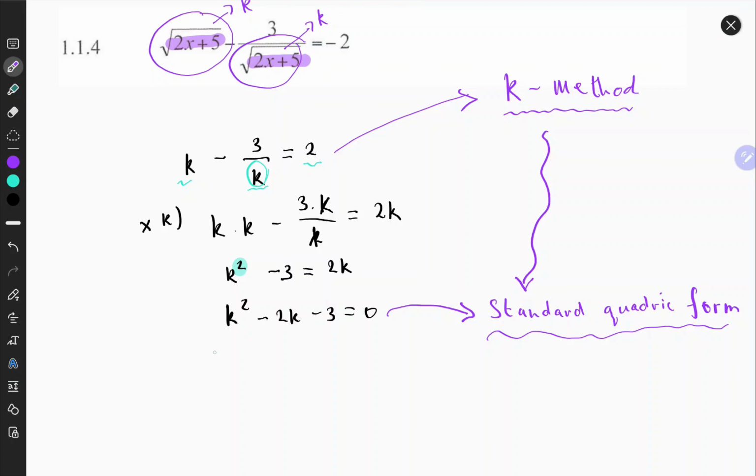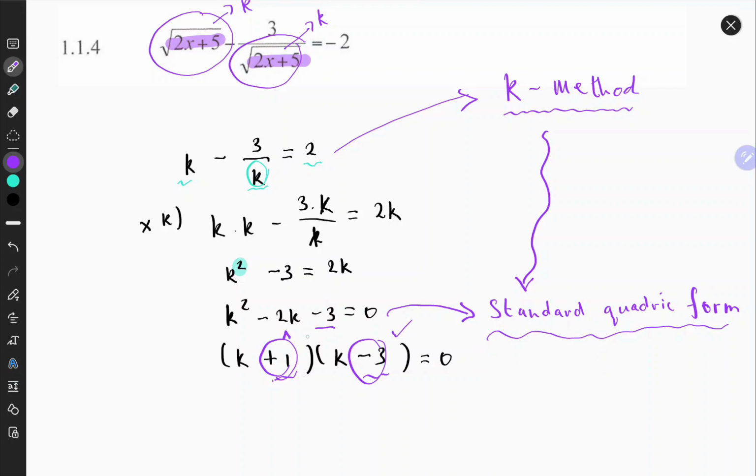So factorizing this should give us (K minus 3)(K plus 1) is equals to 0, because the product of these terms gives us negative 3 (positive 1 times minus 3) and the sum of these terms gives us the middle term.